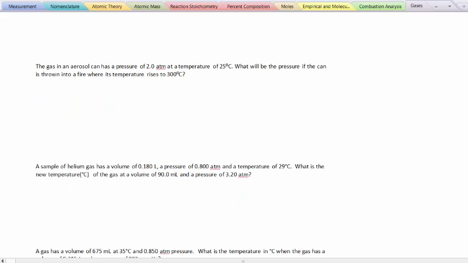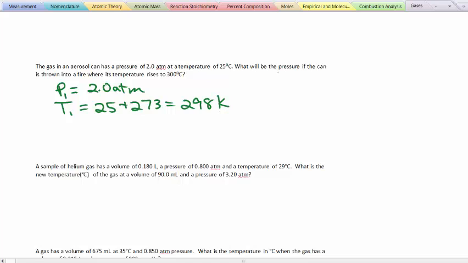Okay, so let's skip down to a couple different problems. Here I have a pressure of 2 atmospheres and a temperature of 25 degrees Celsius, so that's going to be 298 Kelvin.